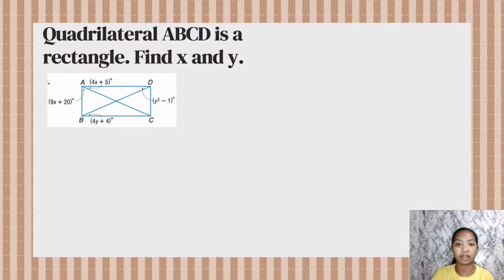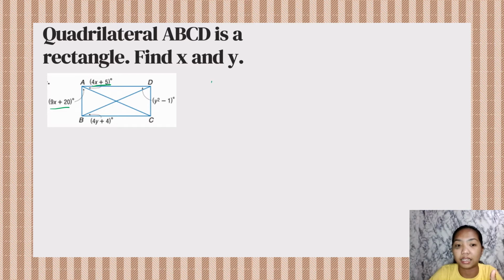So I have here a quadrilateral ABCD that is a rectangle, and we need to find x and y. So first x. Our angle DAC is equal to 4x plus 5, and our angle CAB is equal to 9x plus 20. Remember that angle A is a right angle.